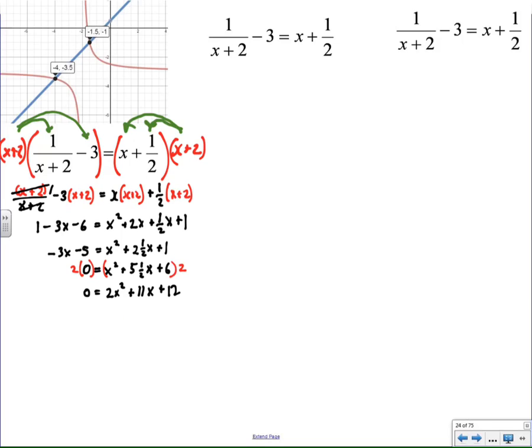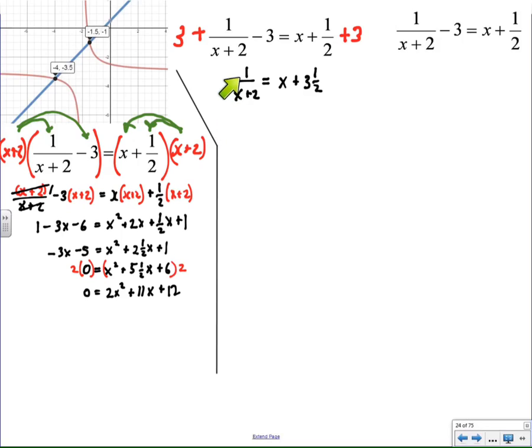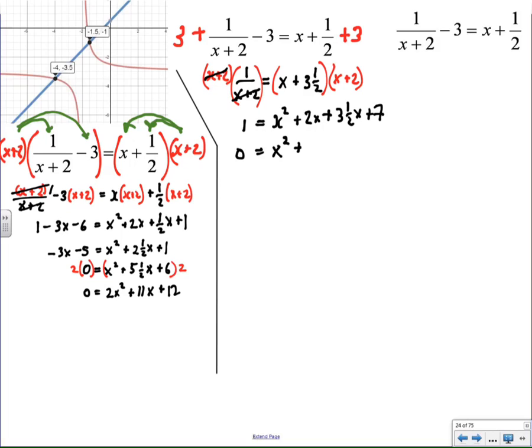We're going to look at the second equation now, and this time, instead of applying the inverse of divide by x plus 2 right away, I'm going to apply the inverse of subtract 3. That is to say, I'm going to add 3 to both sides. What that does is create an equation where the left-hand side is simpler, and now applying the inverse of divide by x plus 2, I can FOIL and collect like terms and subtract 1 from both sides.